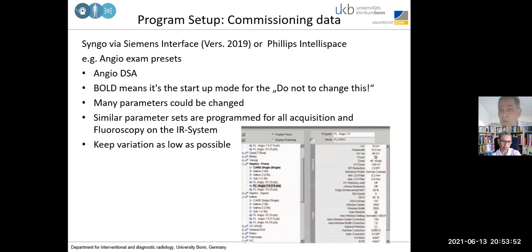Similar parameters are set and they are linked. So what I can recommend is keep the variation as low as possible, but you will see that this is not corresponding to your operators. So you have to find a compromise between the operator's demands and what you set as a physicist.